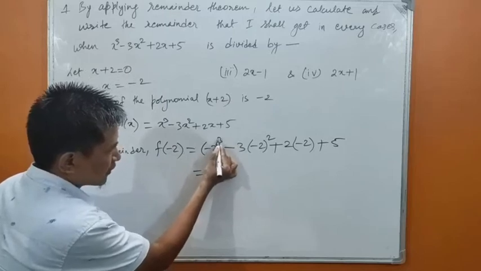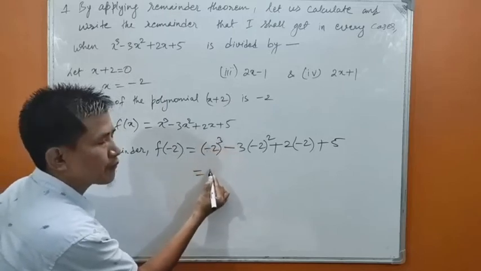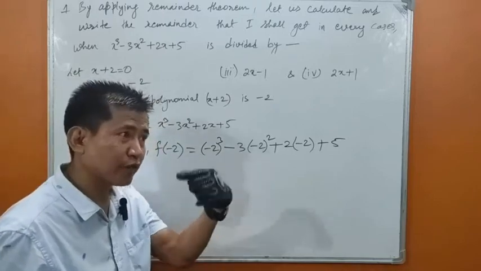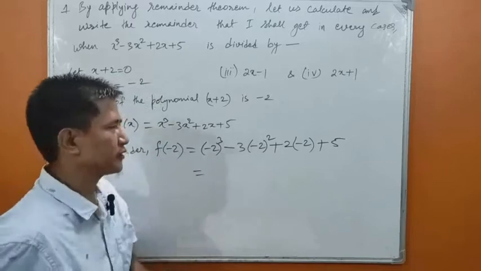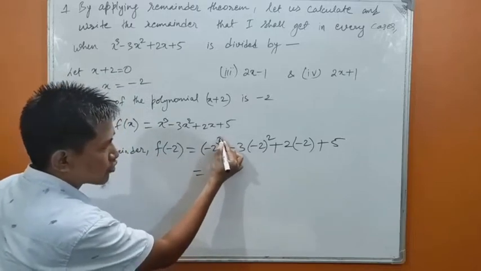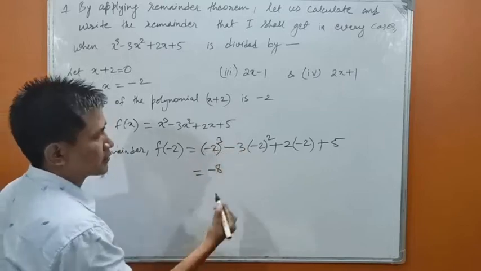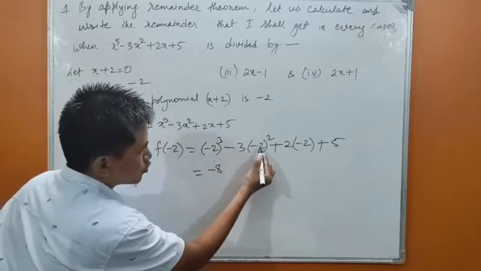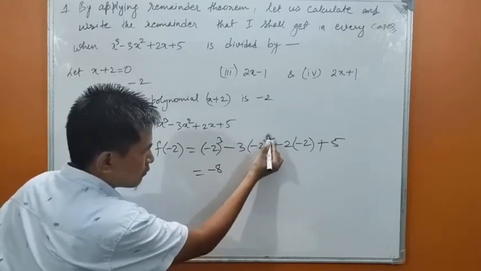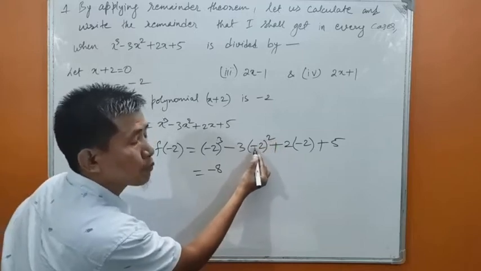If the power is an odd number, then the sign will remain minus. If the power is an even number, then the sign will change to plus. Okay, remember this. 2 cube means 8, and since the power 3 is an odd number, the sign will remain minus. 2 square means 4, and the power is an even number, so this minus becomes plus.